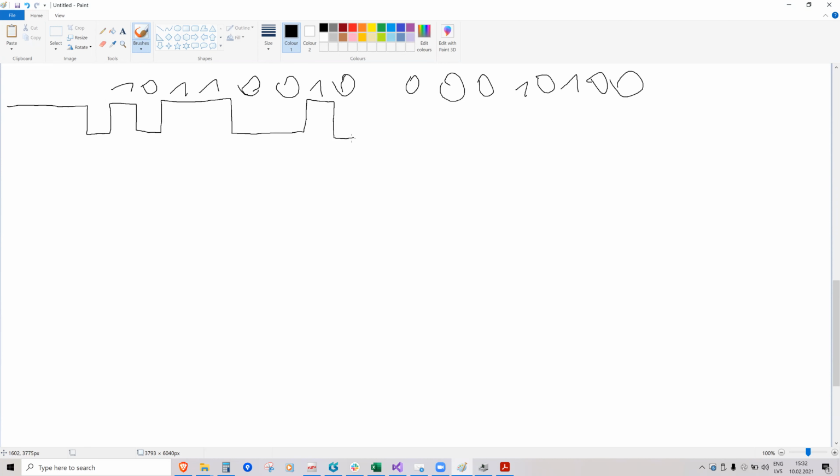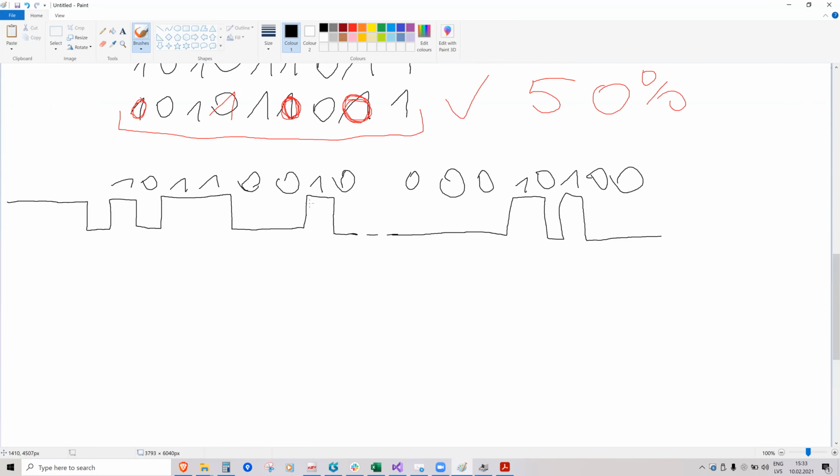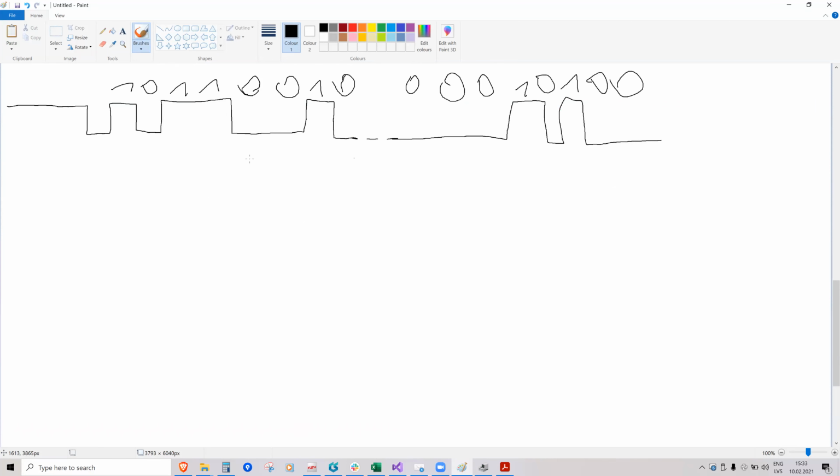And if, for example, there wasn't a stop bit, then it would immediately start sending the next byte. So low, low, low, low, high, low, high, low, low. But the problem is, if you're sending a lot of data and the senders' and receivers' reference clocks are a little bit off, then it might happen that the receiver, for example, samples these bits a little bit too fast, and these bits start to shift into the wrong positions, right?